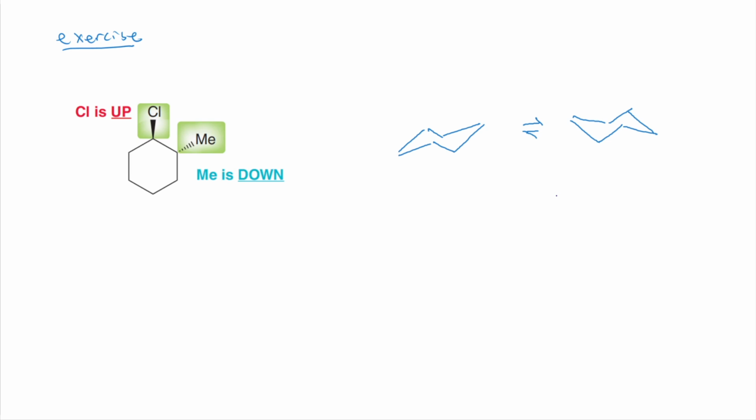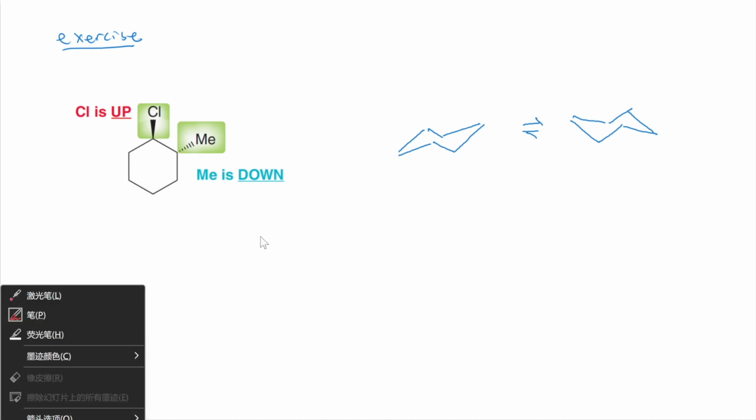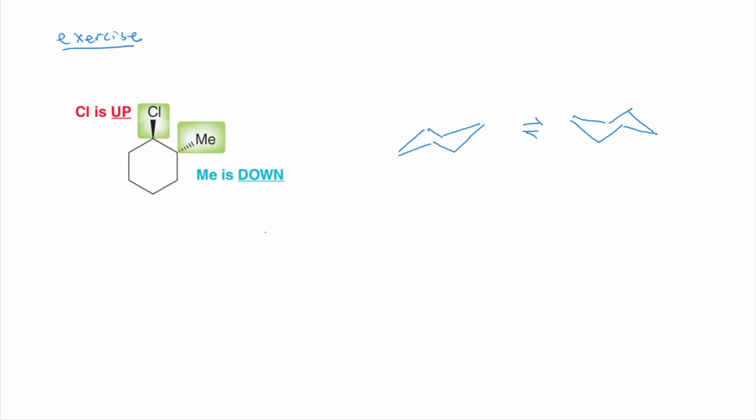So now let's try to draw a chair conformation. For drawing a chair conformation, here are some tips. We can draw two parallel lines, and then another two parallel lines, and then connect these two together. It will be a chair conformation.